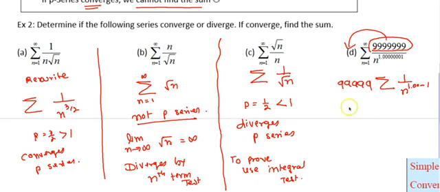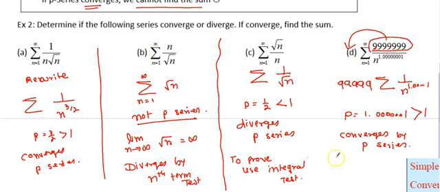So the P value is 1.0000000 whatever, still greater than 1, and it converges by the P series test.